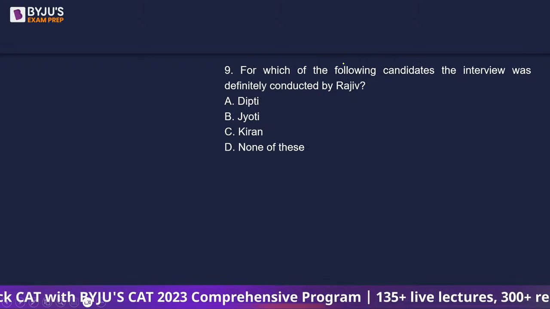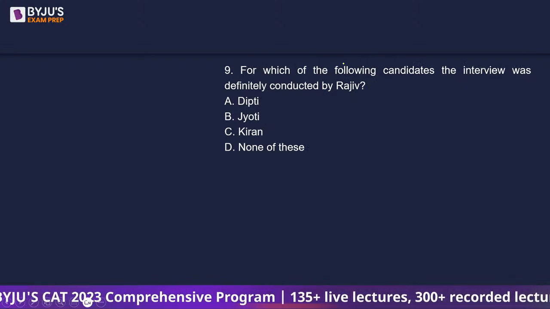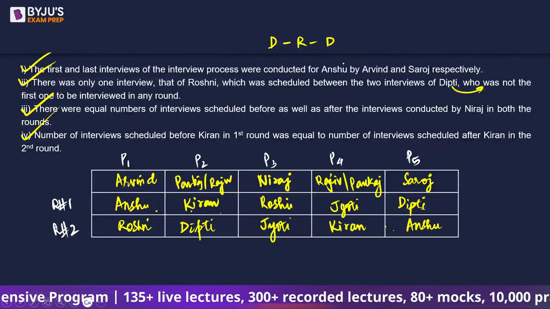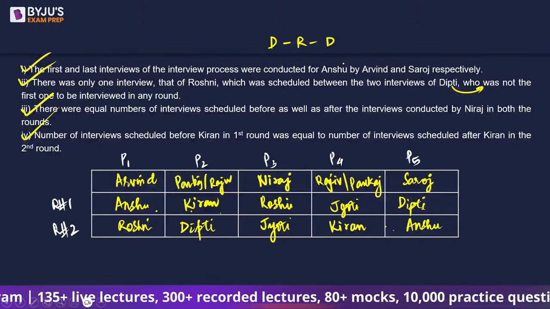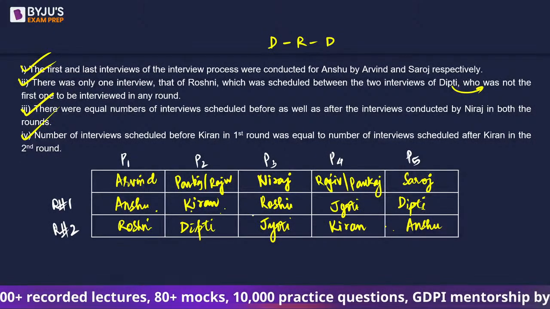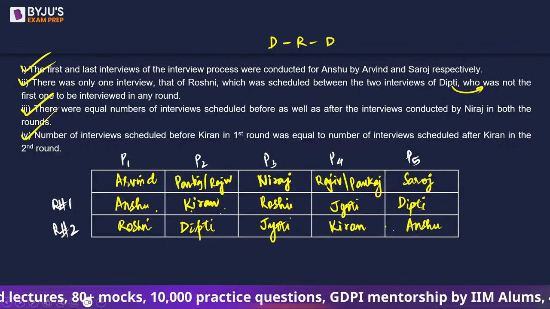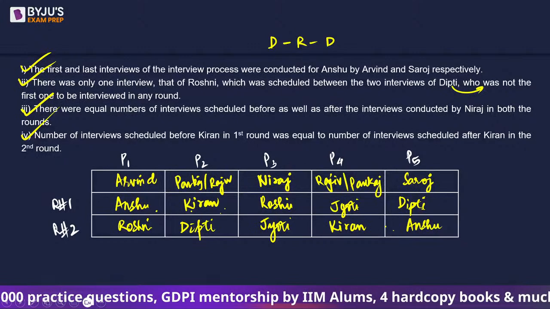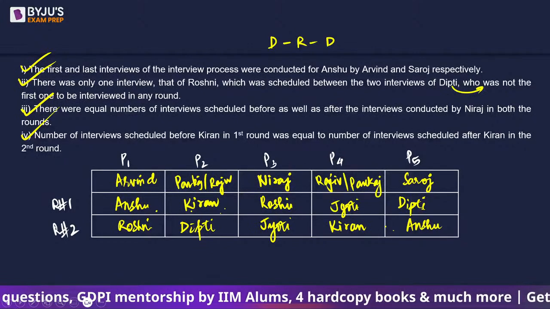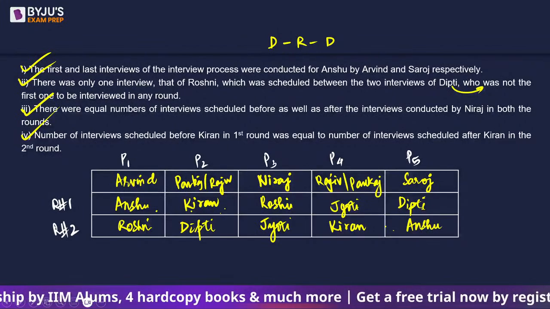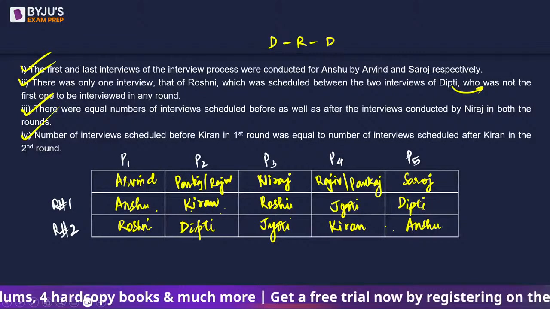Next, for which of the following candidates the interview was definitely conducted by Rajiv? So can we say Rajiv P2 में हो या P4 में हो? किरण का इंटरव्यू लेगा ही लेगा in either round 1 or round 2. Suppose Rajiv is second panelist, then he takes the interview of Kiran in first round. Suppose if Rajiv is the 4th panelist, then he takes the interview of Kiran in the second round.